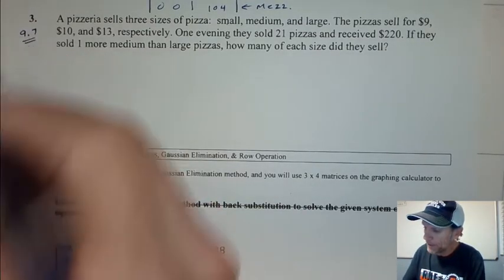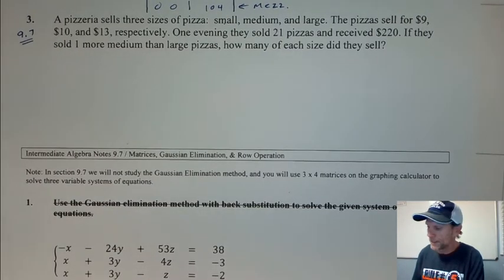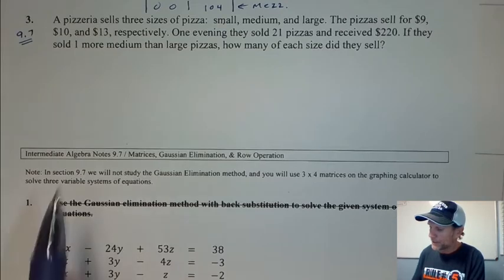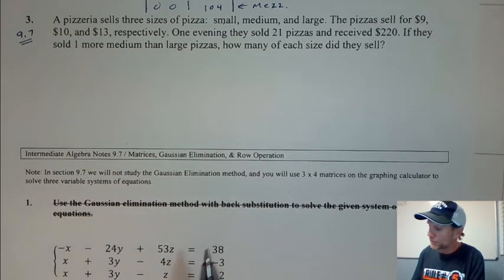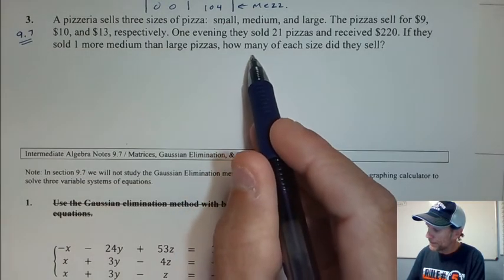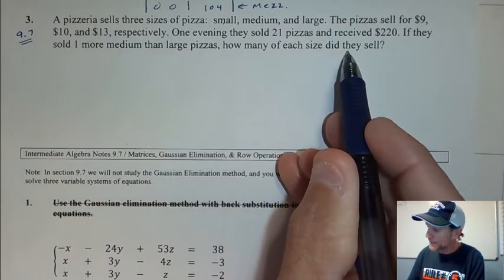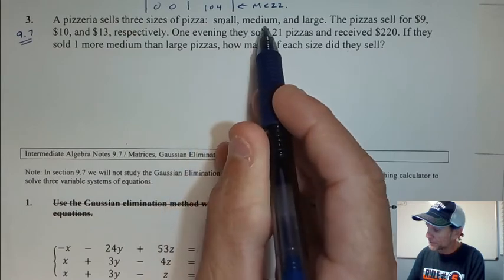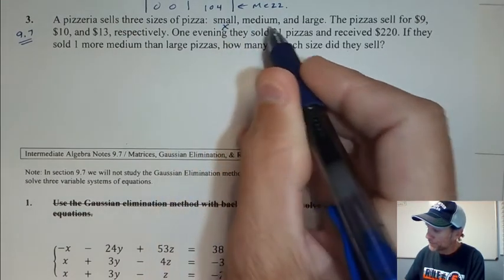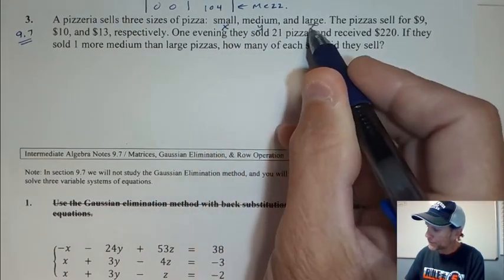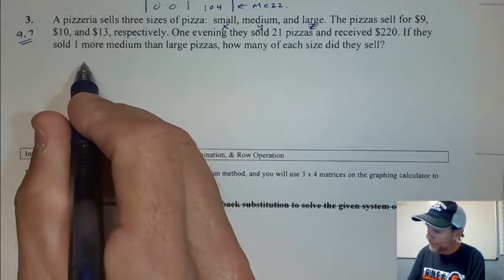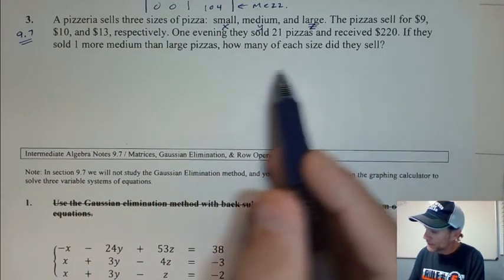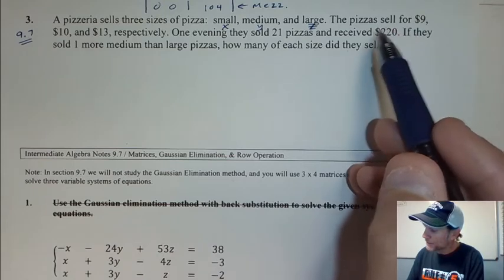It's similar to what happens in 9.3 or 9.6, but on this one again, we see there's 3 items, and this time it says how many of each size did they sell. Well, the 3 sizes we have are small, medium, and large. And they do tell us how many total pizzas were sold.